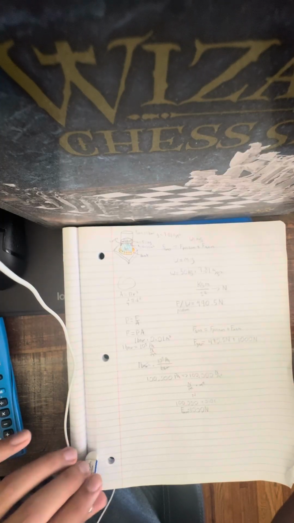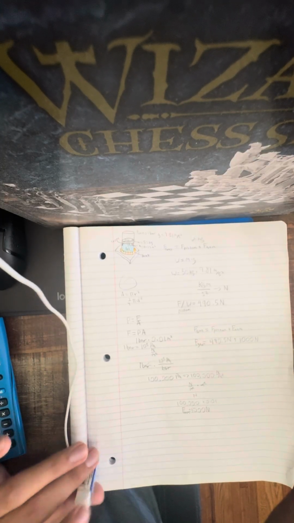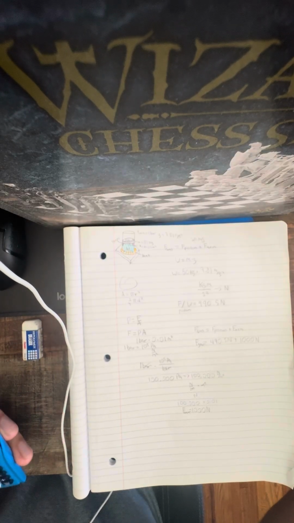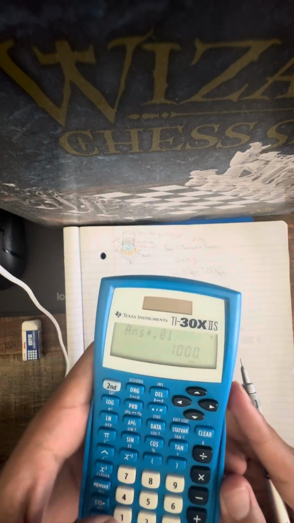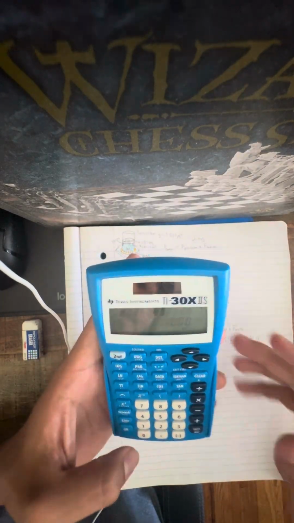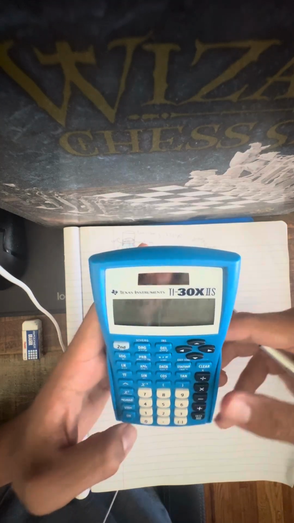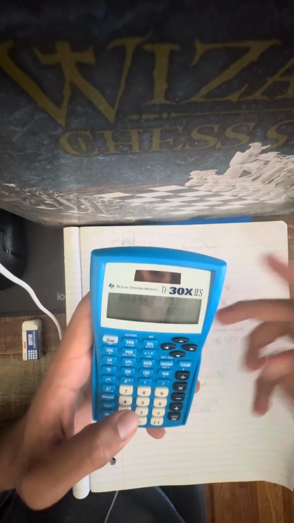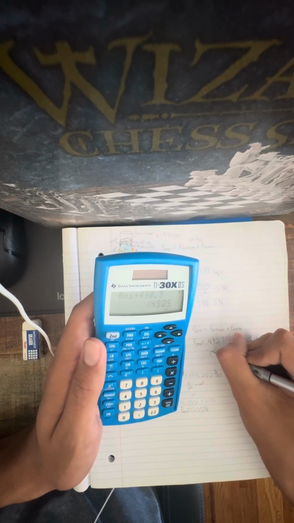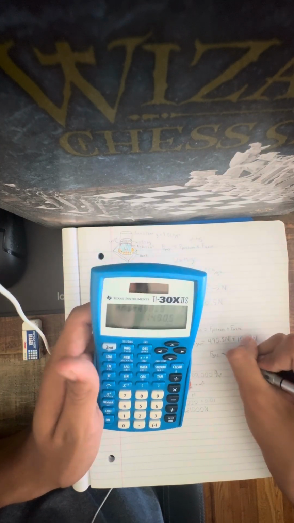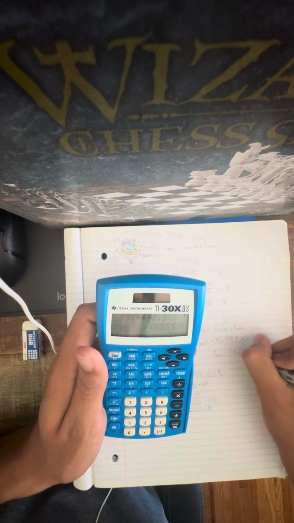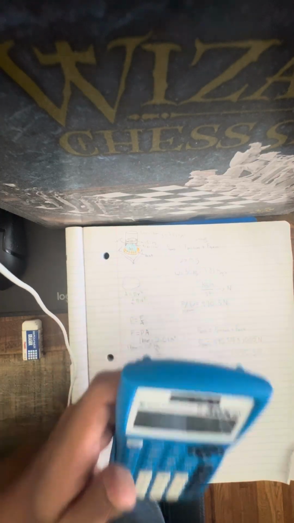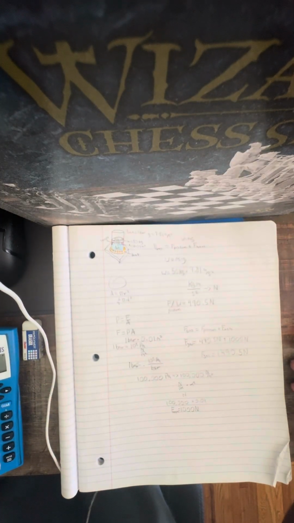This work is all over the place, so I will improve as time goes on, keeping it neat. So now, with our 1,000 newtons, we want to add the force of our piston, 490.5 newtons. And that gives us our gas force, which is equal to 1,490.5 newtons. Great.